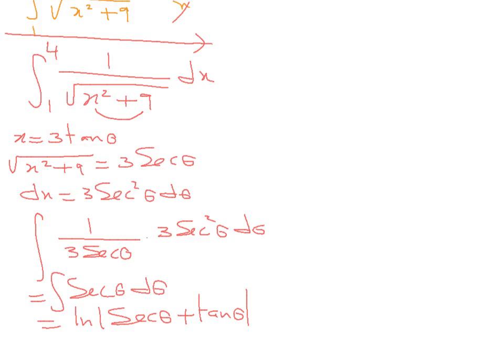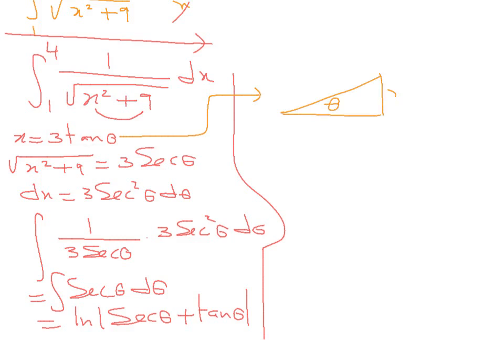Now this can be written in terms of x using the triangle. If we use this substitution, we can draw the triangle for theta. Tan theta is x divided by 3 from here.